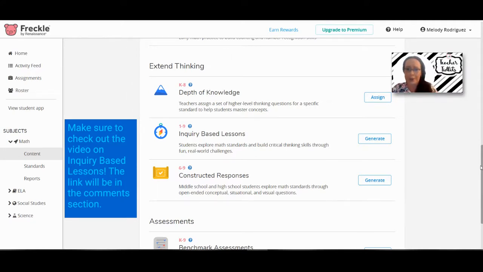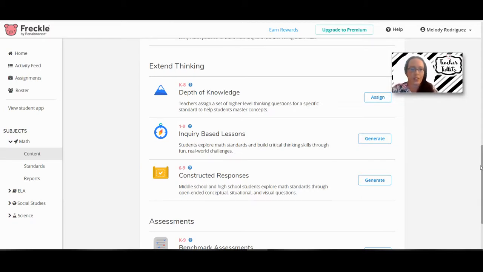I do these regularly in partners before a test or quiz to help them review the standards that I've already taught. Constructed responses and depth of knowledge, again, also really focusing on those higher order thinking skills, word problems, and applying the standards that they've learned into real world situations.